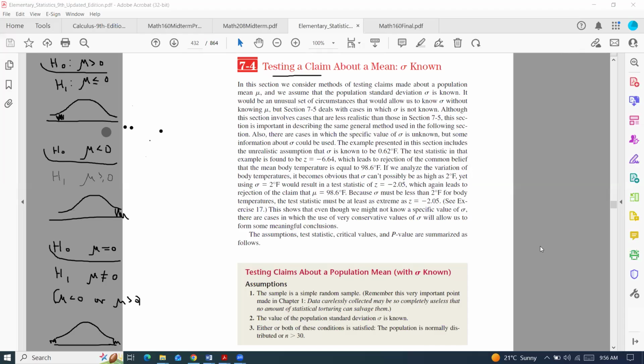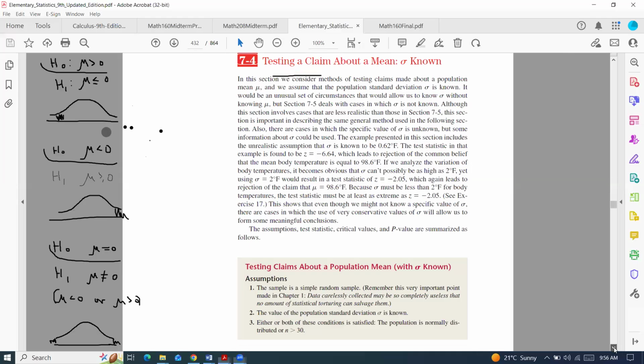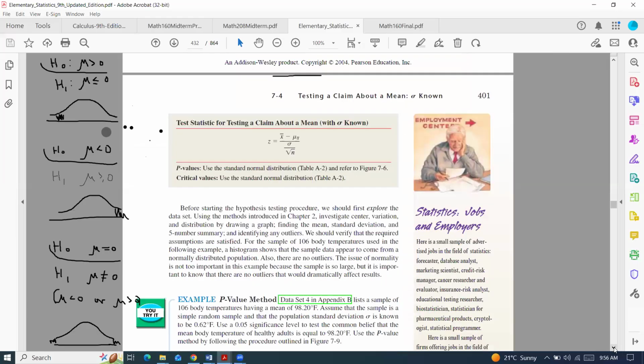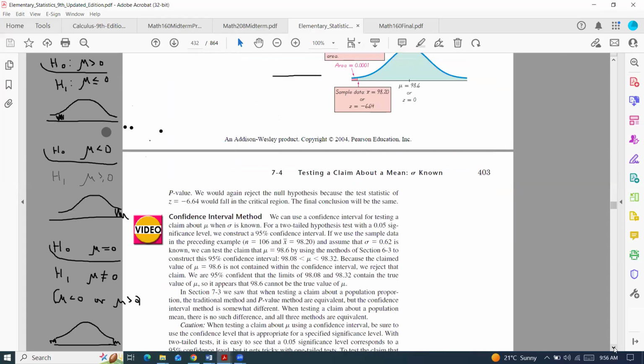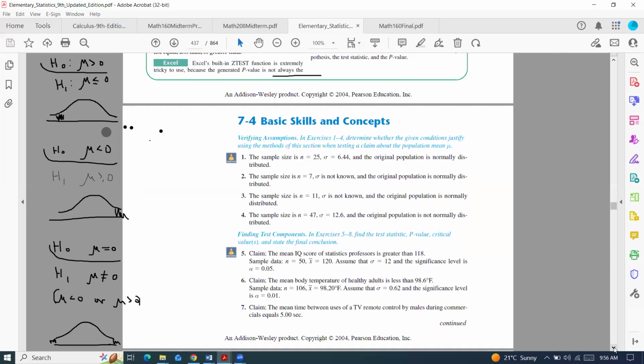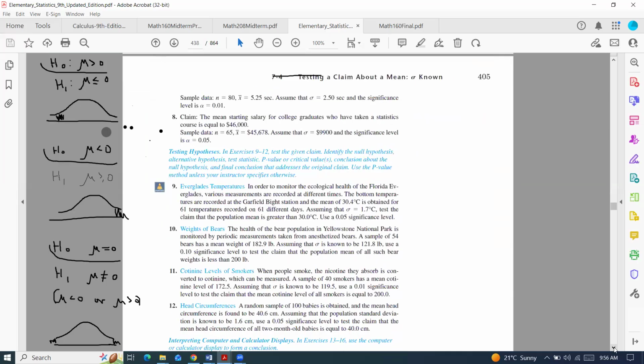That's what I want to try now. I want to try a problem to show you how the test of various claims is possible. So I'll just take a problem and try to test it. Let's say Everglades temperature, exercise number 9, to get everybody excited, the nice and warm Everglades in Florida.